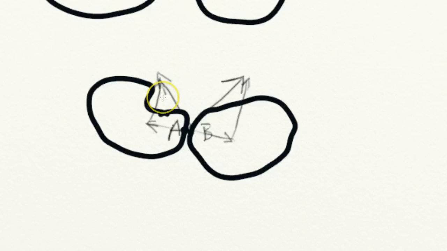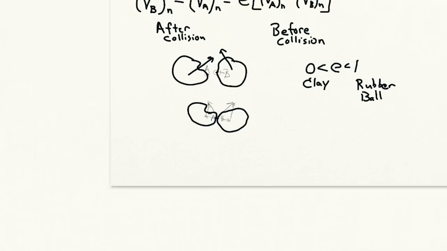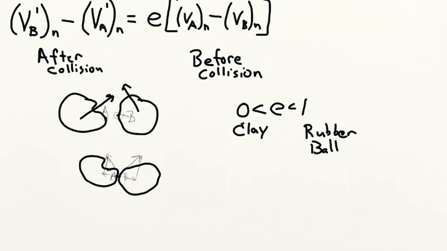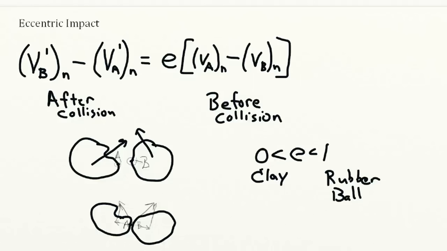Now the equation we wrote only depends upon the normal component. So let's look back at that. So for this eccentric impact, this little n here indicates the normal component. So we've got the velocity of B after the collision.